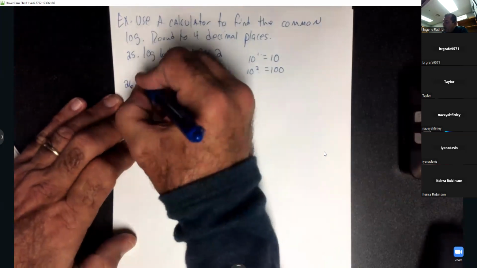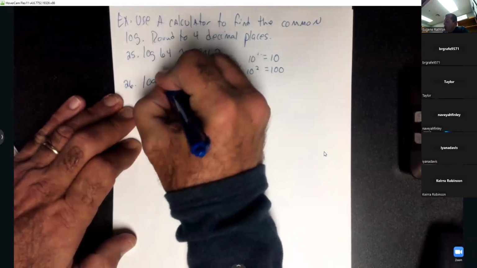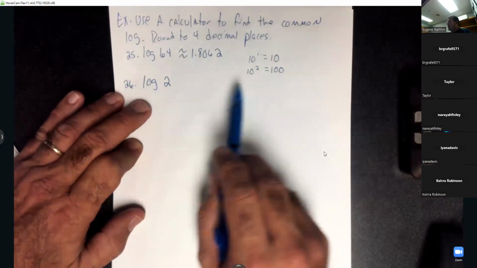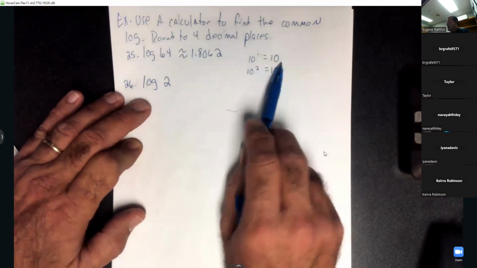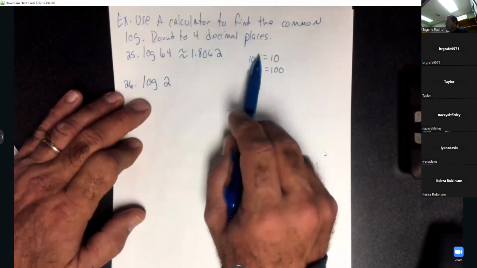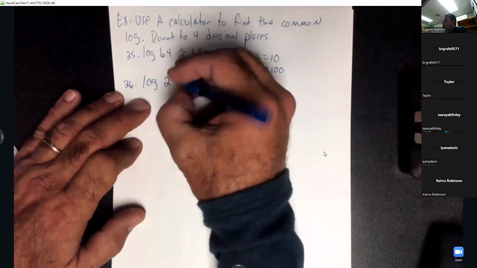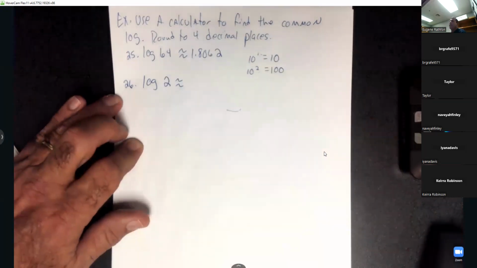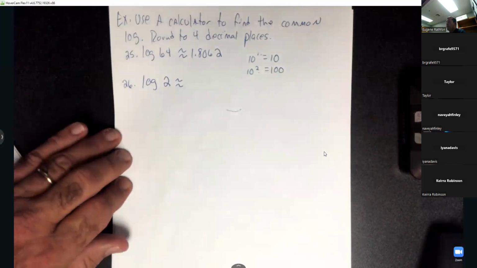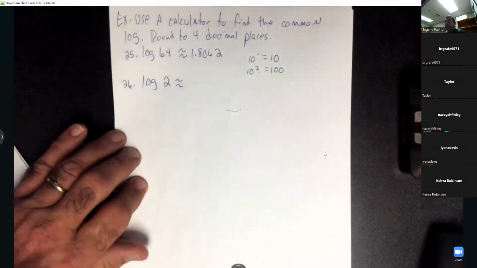All right, this one has a log of 2. Remember, that's the base 10 again. So I know 10 to the first is 10. 2 is less than 10, which means the exponent has to be less than a 1. So y'all punch me up a log of 2 and see what y'all get. Round me off to 4 decimal places.